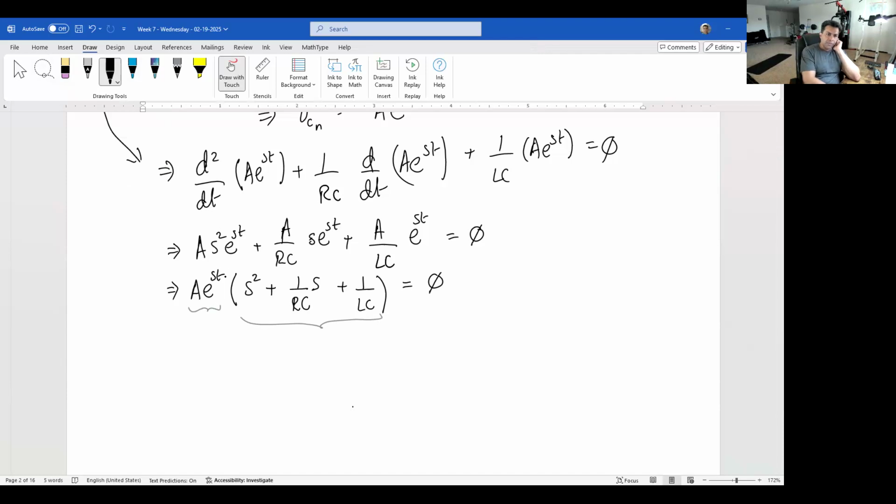Now, can A e to the power st be 0? A e to the power st cannot be 0 because that's the response of the capacitor voltage. That's our solution. This is how the response of the capacitor voltage looks like. So this can't be 0.